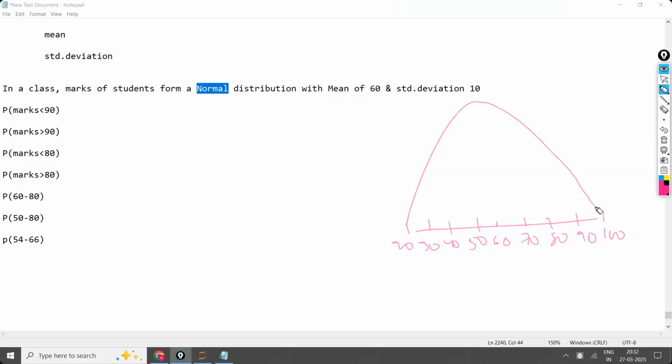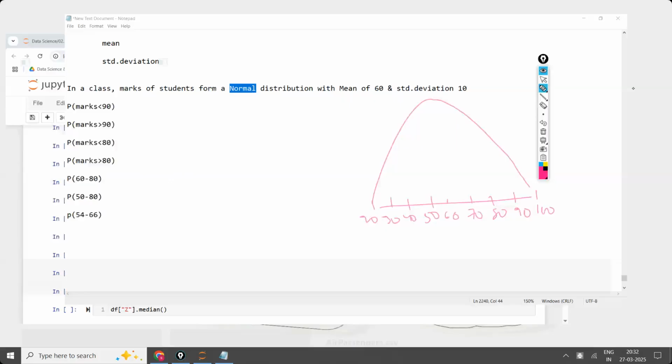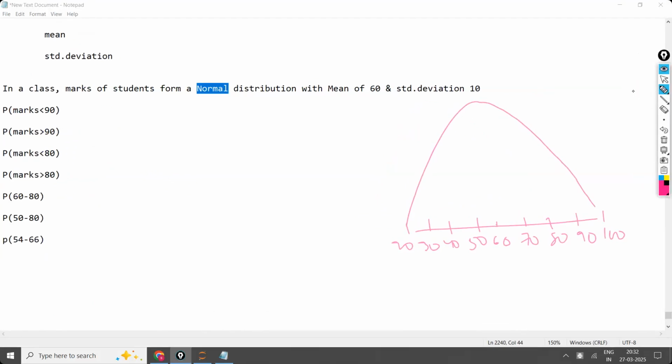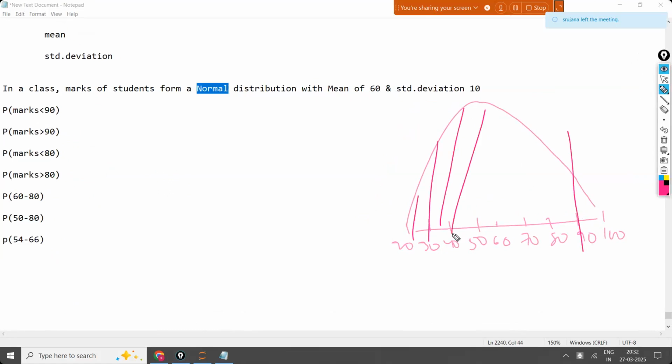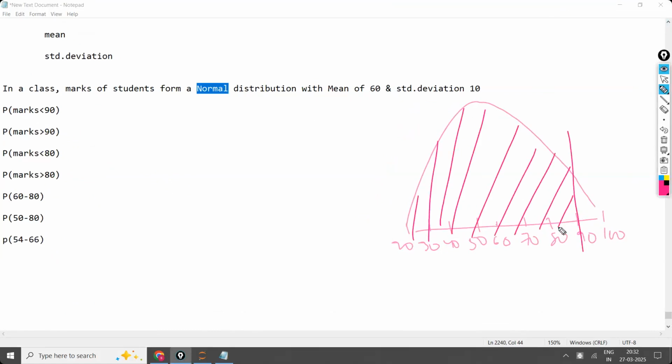Okay, guys. Now, the first question is marks less than 90, which means they are asking for the cumulative probability from the minimum to 90. Do you remember we discussed cumulative probability yesterday?